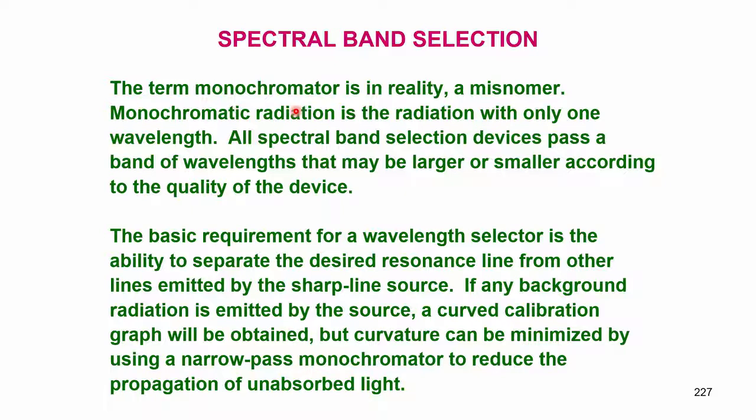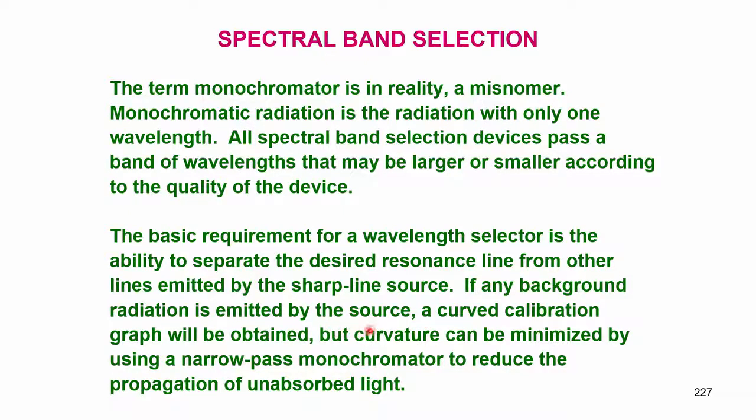The basic requirement for a wavelength selector is the ability to separate the resonance line from other lines emitted by the sharp line source. That is, the hollow cathode lamp radiation must be separated. That is the job of the monochromator. If any background radiation is emitted by the source, a curved calibration graph will be obtained.